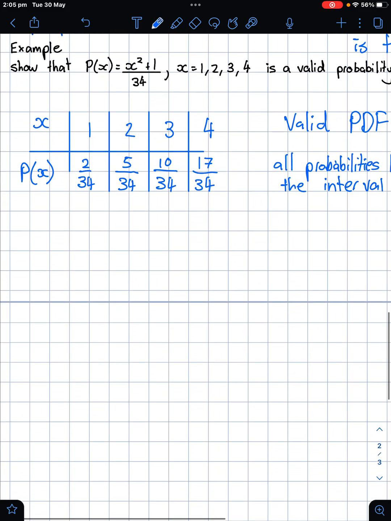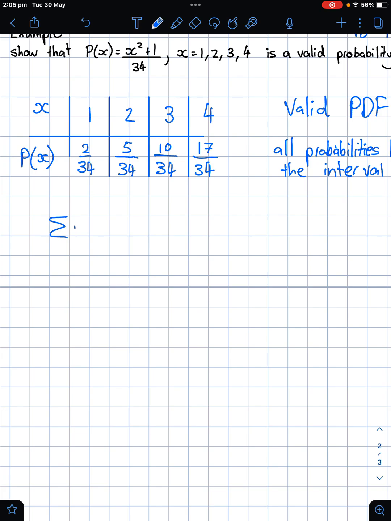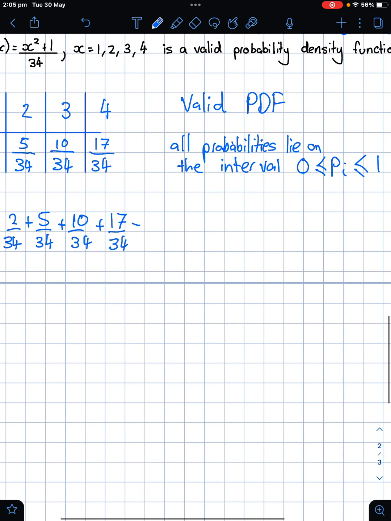Now we just need the other one, which is the sum of p_i from i equals 1 to n. n in this case is 4. That equals 2 on 34 plus 5 on 34 plus 10 on 34 plus 17 on 34, which equals 2 plus 5 is 7 plus 10 is 17, so 17 on 34 plus 17 on 34 equals 34 on 34, which equals 1.